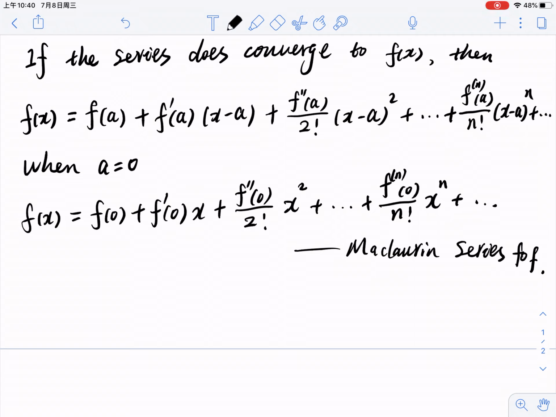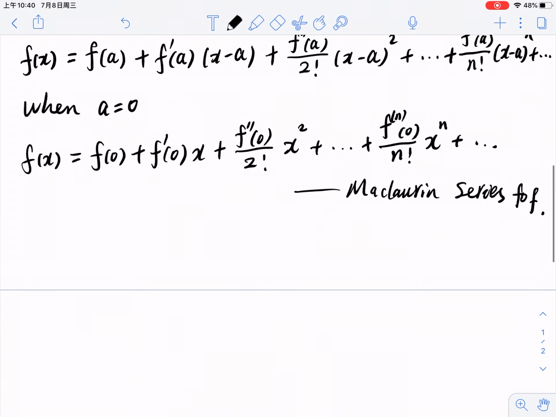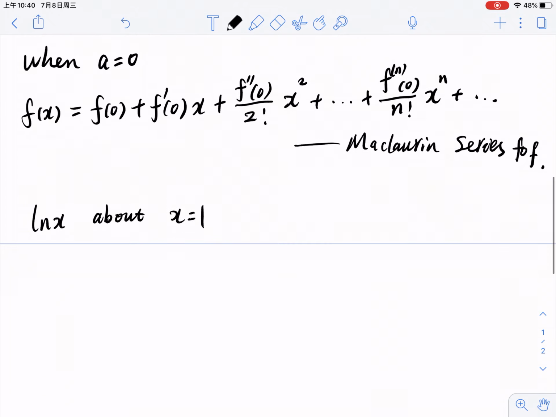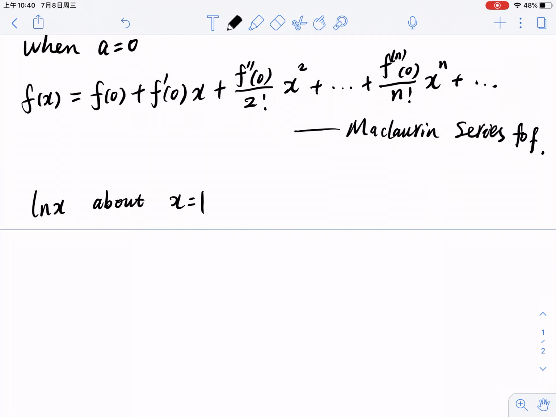So we know the Taylor series may not converge for every value of x. Next, we look at two functions. We look at ln x about x = 1.